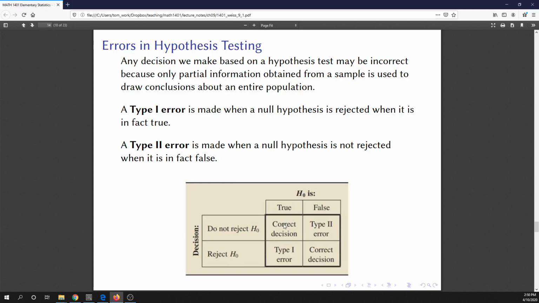If the null hypothesis is true, what we want is to not reject it because it's the truth. On the other hand, when the null hypothesis is false, what we would like to have happen every single time is that we reject the null hypothesis. Why? Because it's false, it's not true, and the alternative hypothesis is the one that's more likely to be true.